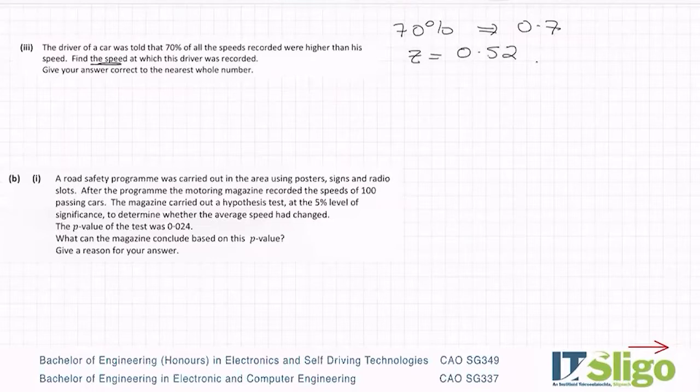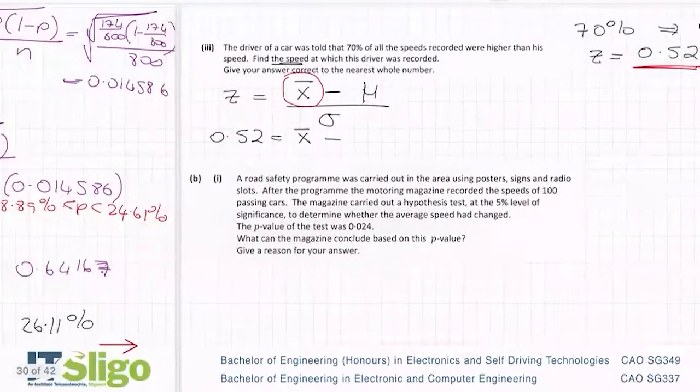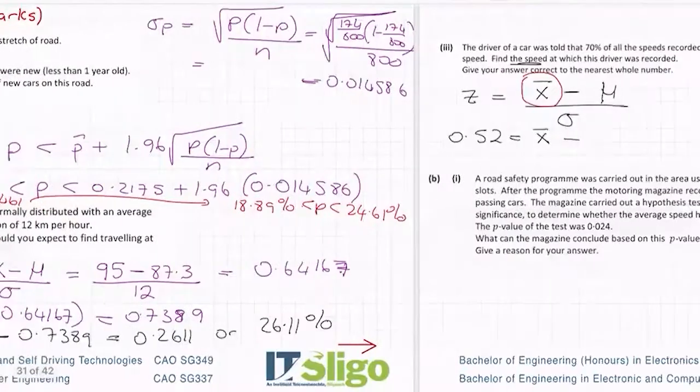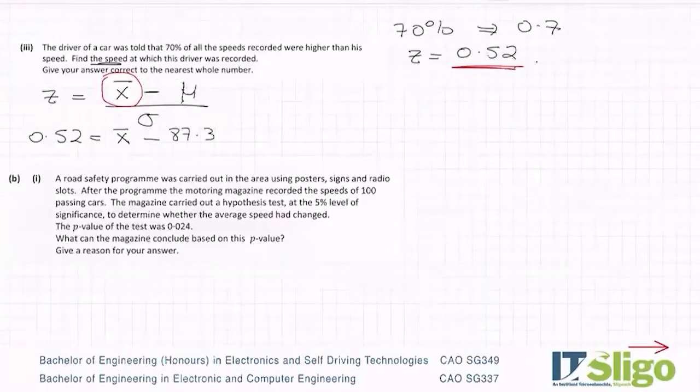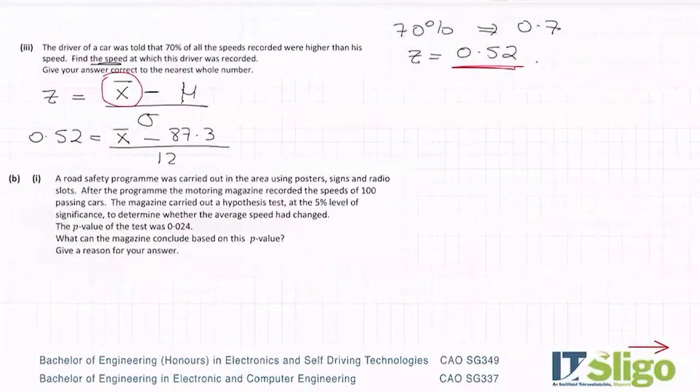So now they want the actual speed, okay? So you're working backwards. So remember the standardizing formula that gave me that Z-score in the first place was X minus mu over standard deviation, okay? So it's that value there that I'm looking for. What speed gave me a Z-score of 0.52? Okay, so 0.52 is equal to X minus 87.3 over my standard deviation, which was 12. Okay, bring him up.